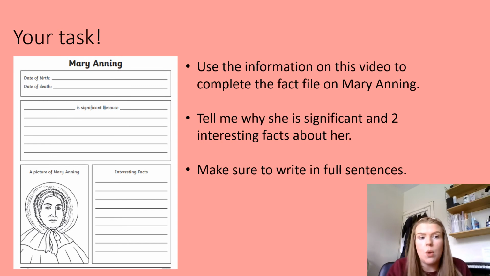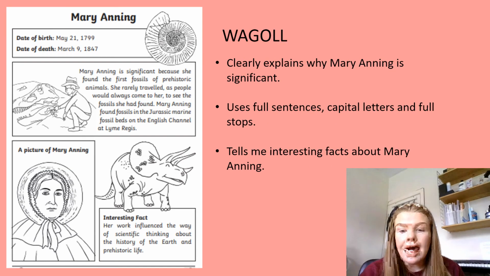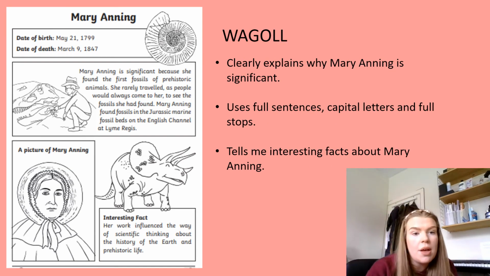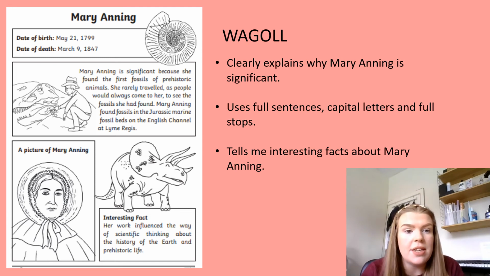I'm going to give you a waggle to help you out. So here is my waggle then. See how I have filled in the day that she was born and the day that she died. I've also written in a paragraph all about why she was significant. So I've put Mary Anning is significant because she found the first fossils of prehistoric animals.